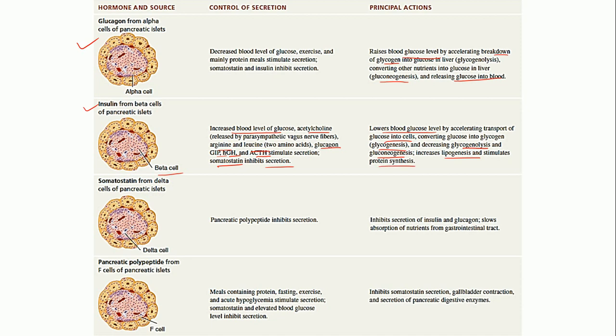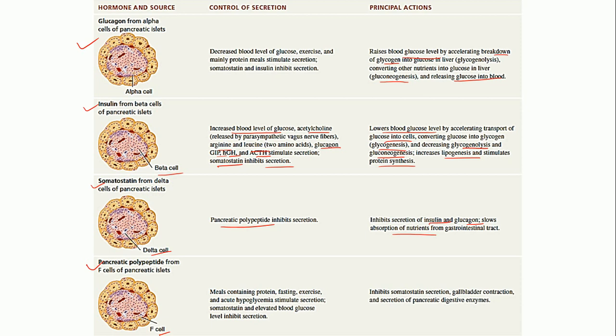Third hormone is somatostatin, which is produced by the delta cells. Its secretion is inhibited by the pancreatic polypeptide, and its actions are to inhibit the secretion of insulin and glucagon, and also slow the absorption of nutrients in the GIT. Fourth one is the pancreatic polypeptide secreted by the F cells.